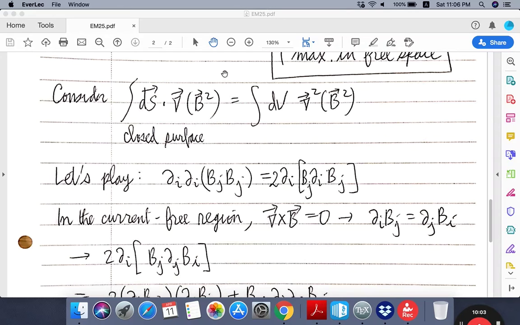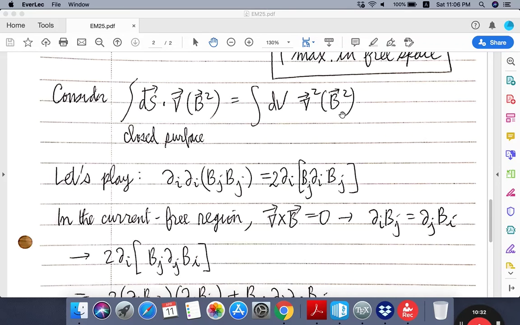Okay, that's the beginning of the derivation. And when you see such an expression, you can invoke the Gauss theorem, of course, to convert the surface integral to a volume integral. And the integrand is the Laplacian of the magnetic field density.